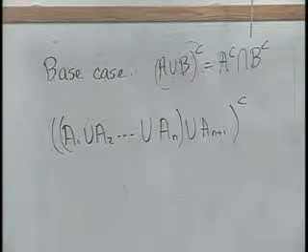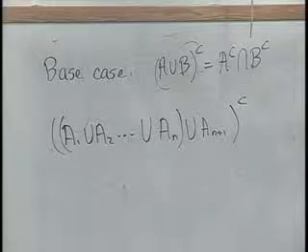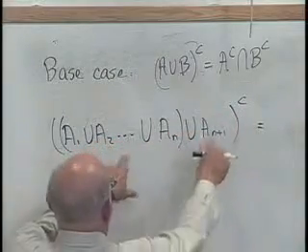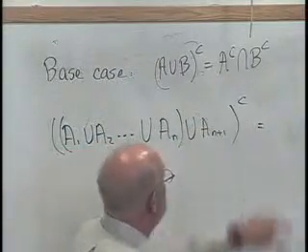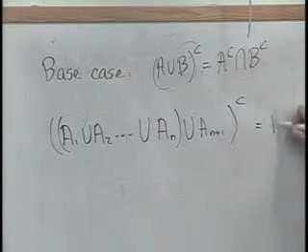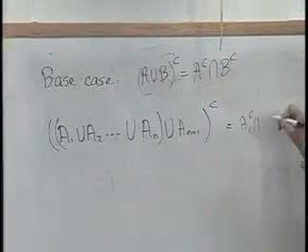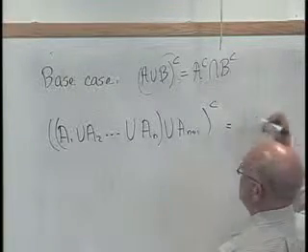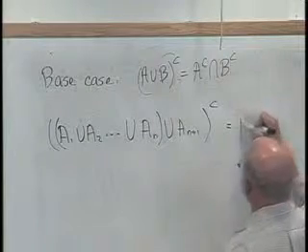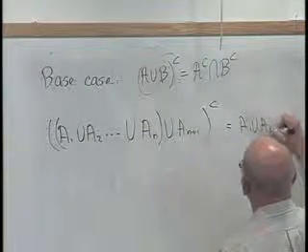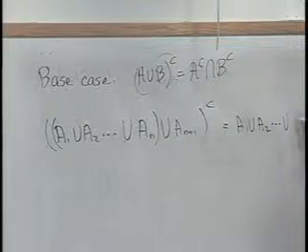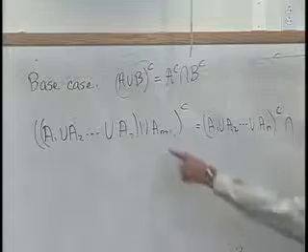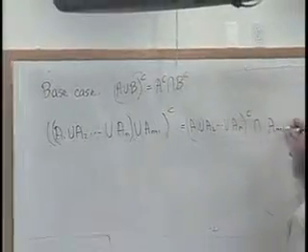So I can regard this as the union of two events. And since it's the complement of the union of two events, I can use DeMorgan's law and say this is A1 complement. Well, I'll do it in 2 steps. I can say this is the complement of the first event, A1 union A2 on up through AN, complemented, intersect the complement of the other one.